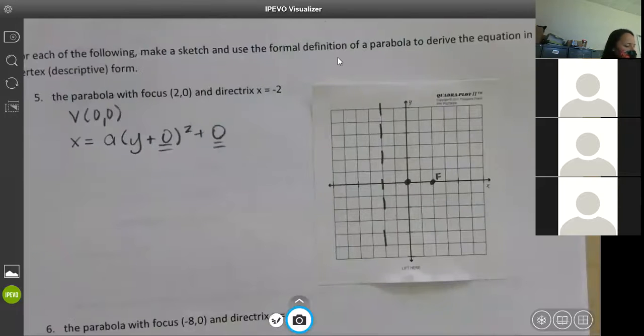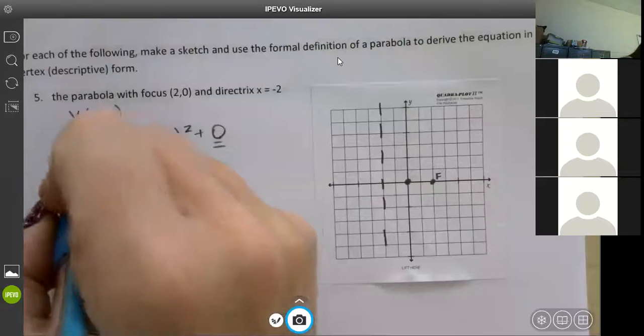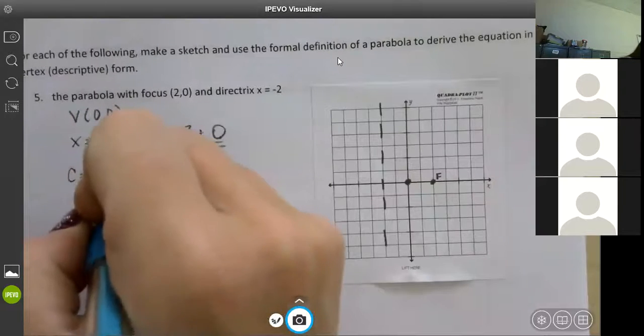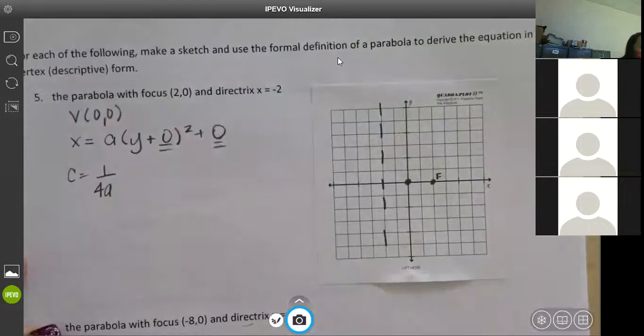How did we find A yesterday? We used C equals 1 over 4A. What is C?